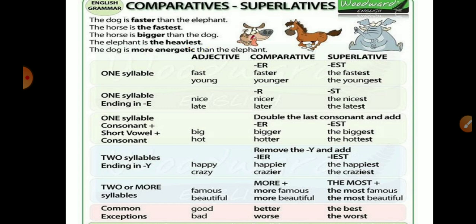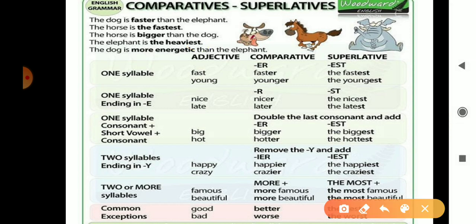We have seen the rule that when there is a Y at the end, as in heavy, we remove that Y and use IEST. So here, heaviest. It is also a superlative degree.